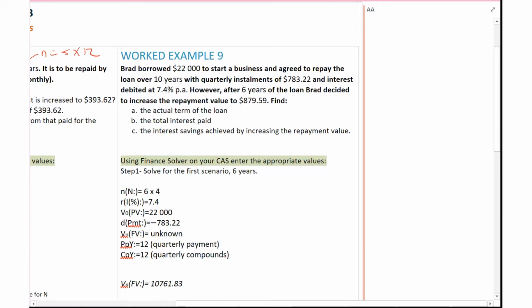So quarterly statements. So V0 to start with. 10 years quarterly, so that means 4 per year. And interest debited at 7.4%, so that's my R.